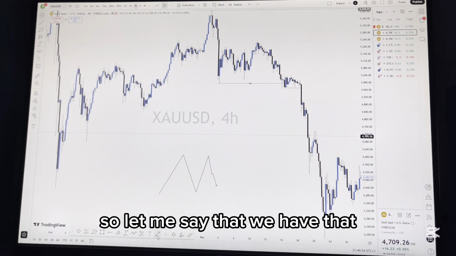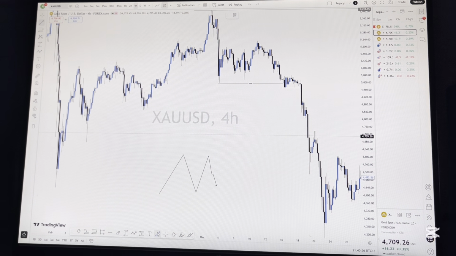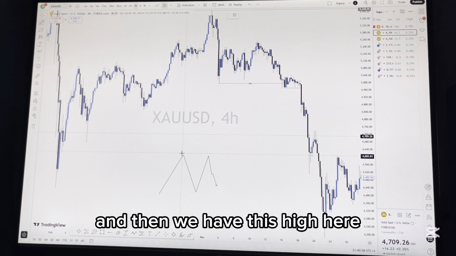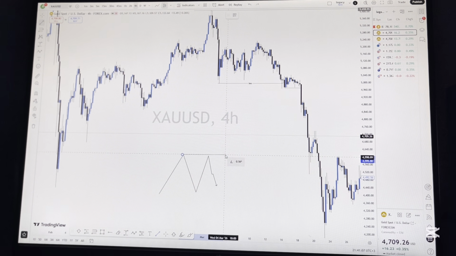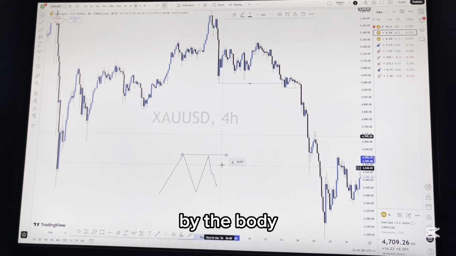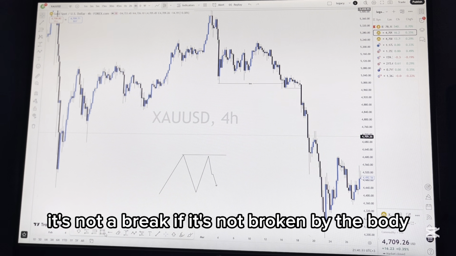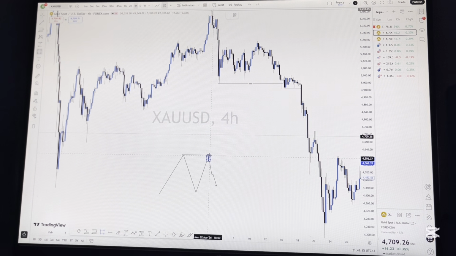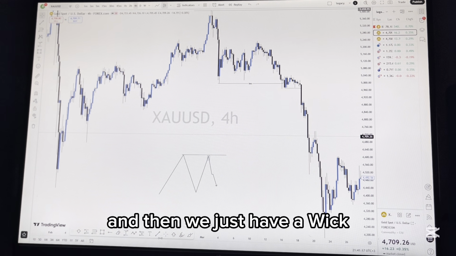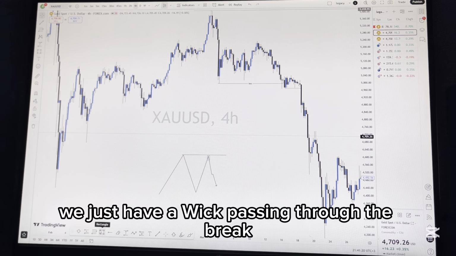Let me say that we have that, and then we have this high here, and this high is not broken by the body. It's not a break. If it's not broken by the body, let me say that this is the candle here, and we just have a wick passing through the break.